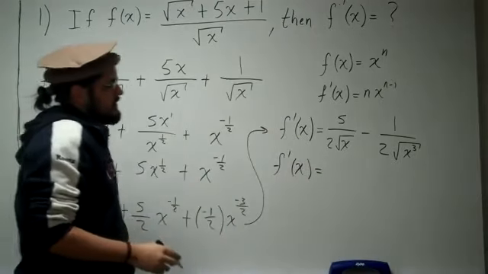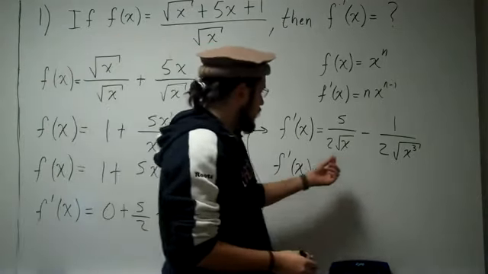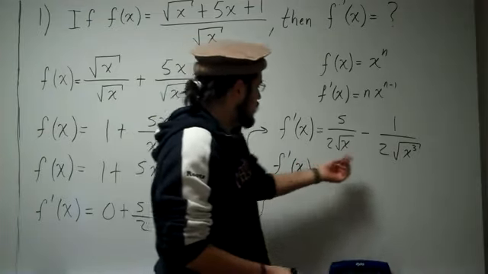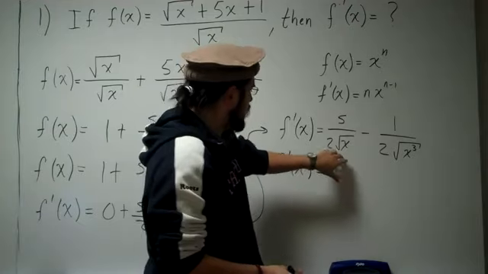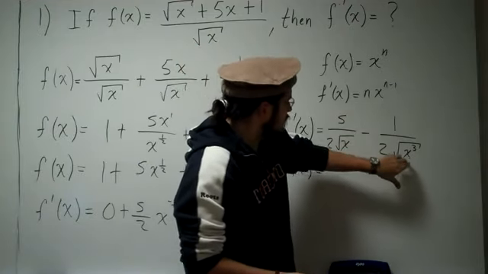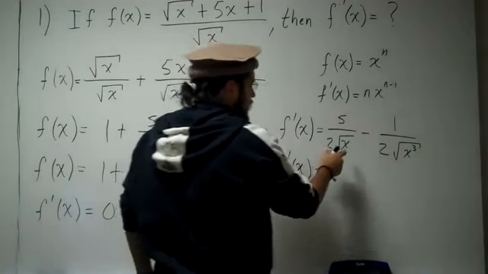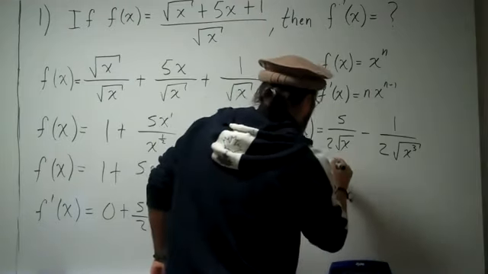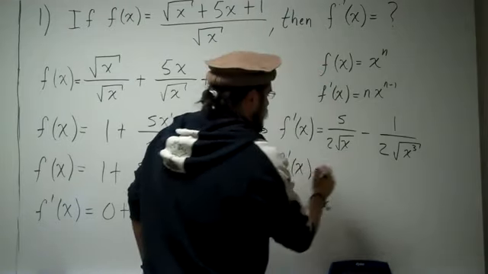I'll further simplify this. We want to combine these 2 fractions into 1 fraction. So what can we do? We have 2 square root of x and 2 square root of x cubed. So we need to multiply this one by square root of x squared.